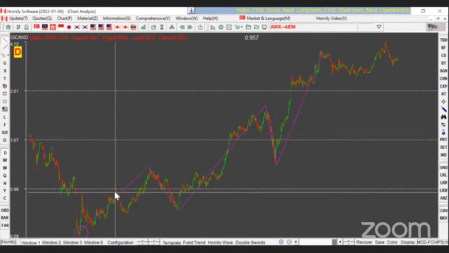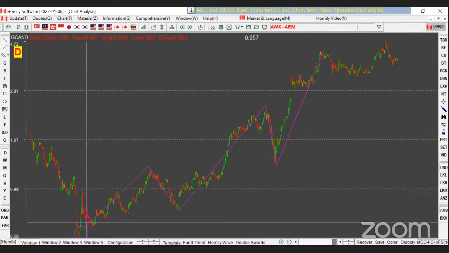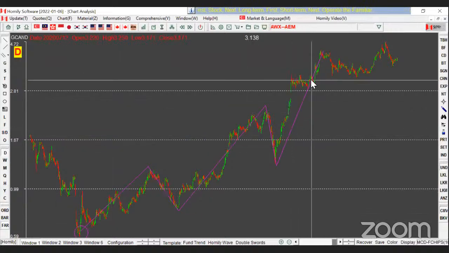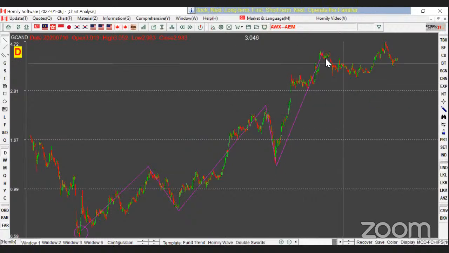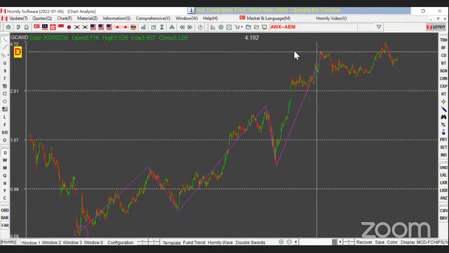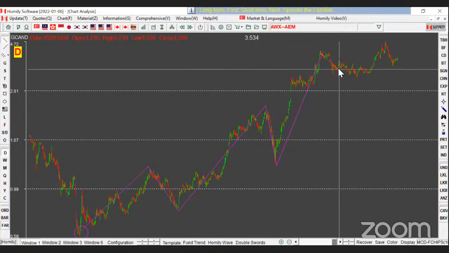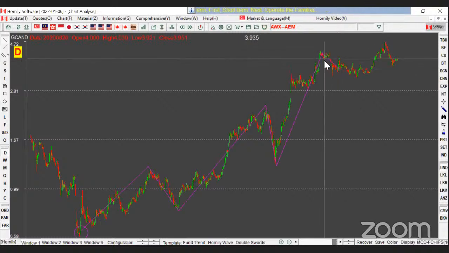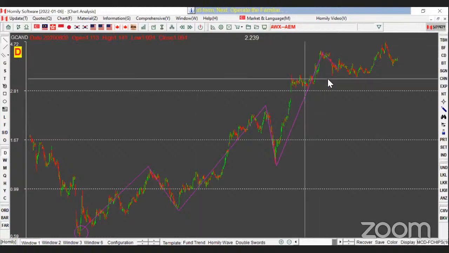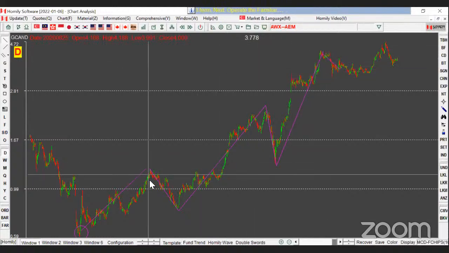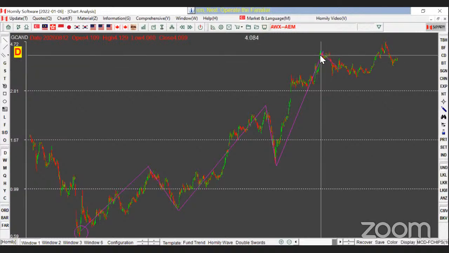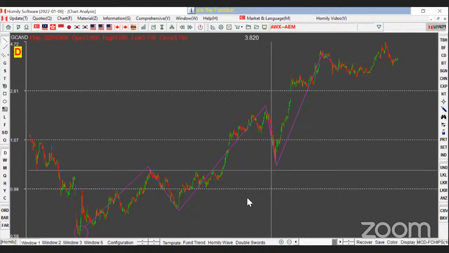Okay, so I used to have some members ask me, when AEM began to drop here, people told him that according to the wave theory, it's already the fifth wave.